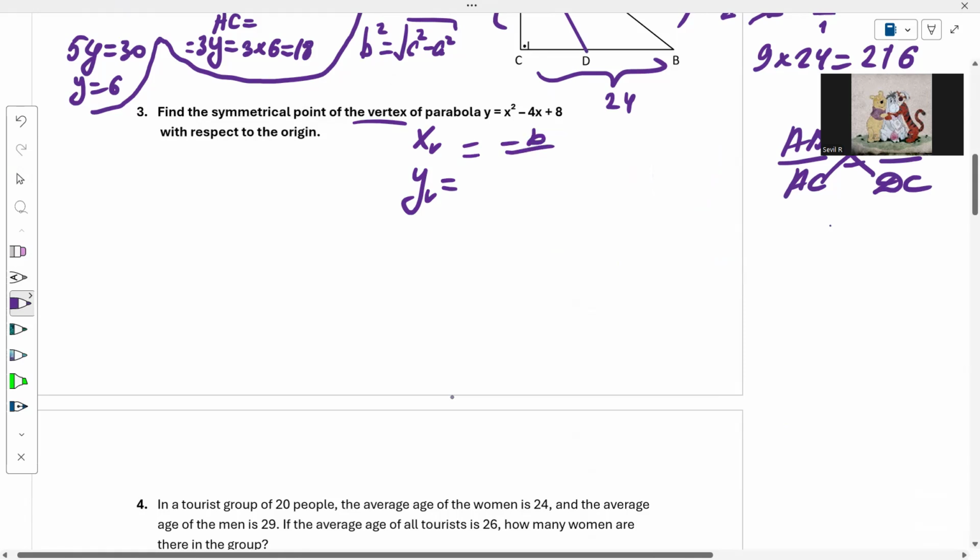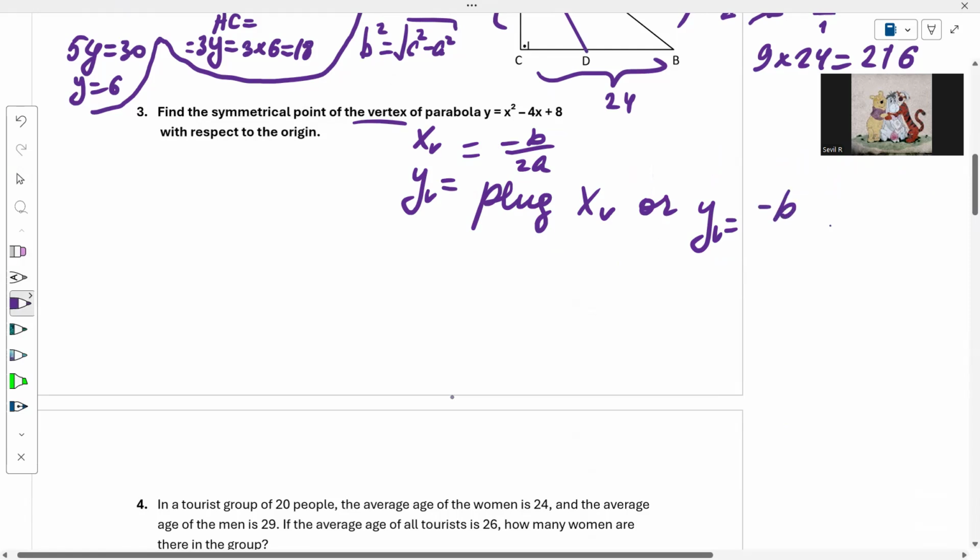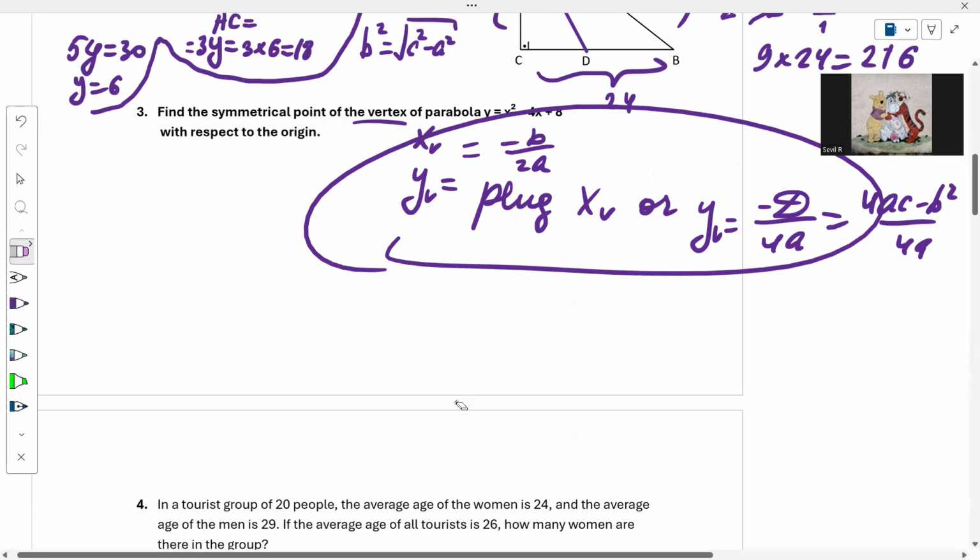X vertex is negative b over 2a, y vertex just plug x vertex in the formula, or just write this way: y vertex equals to negative discriminant over 4a, or b squared minus 4ac over 4a, doesn't matter, but I don't use any of them.